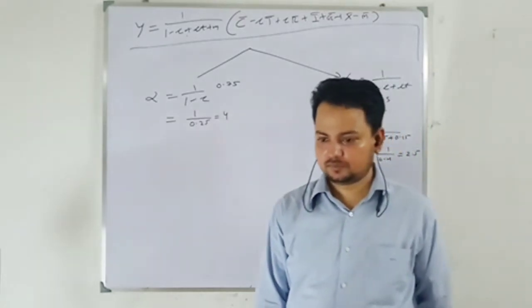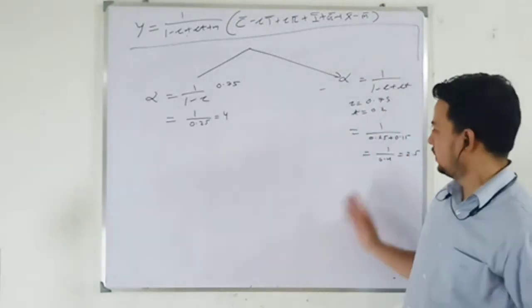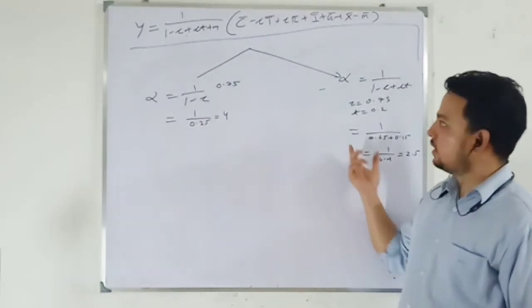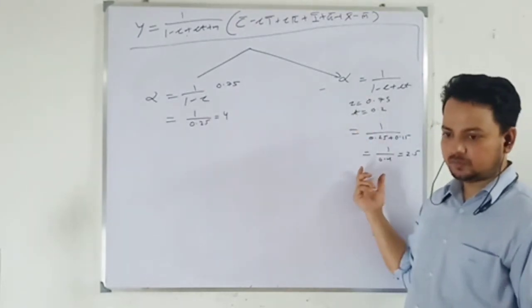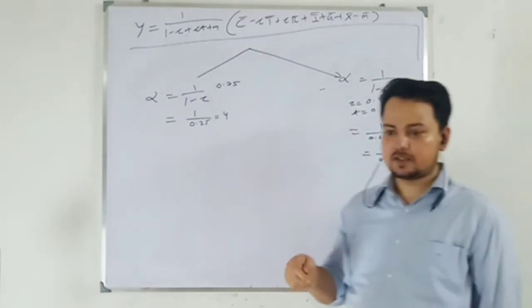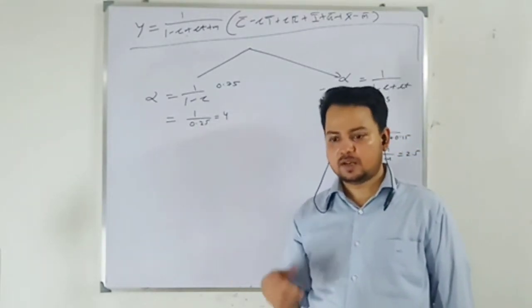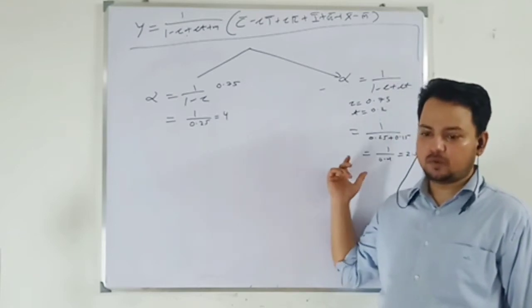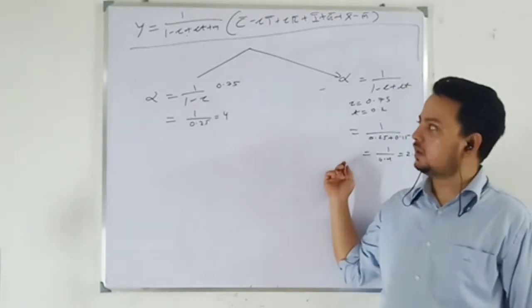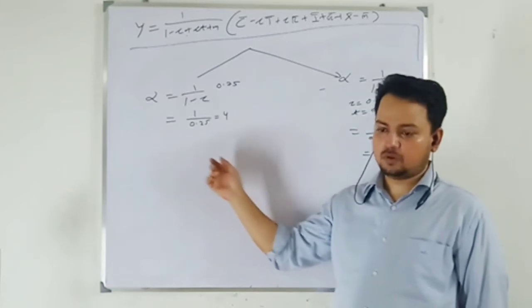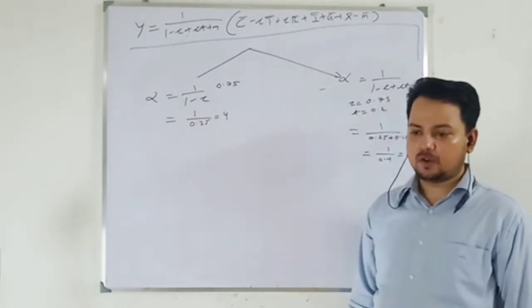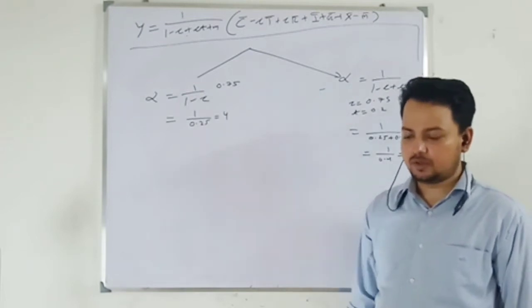So you can show it like this: since the multiplier value in case of tax is lower, and the reason is that tax is a leakage from the system, national income will be lower with tax than without tax. Or you can say when the tax rate increases, the multiplier value will reduce, so national income will reduce.